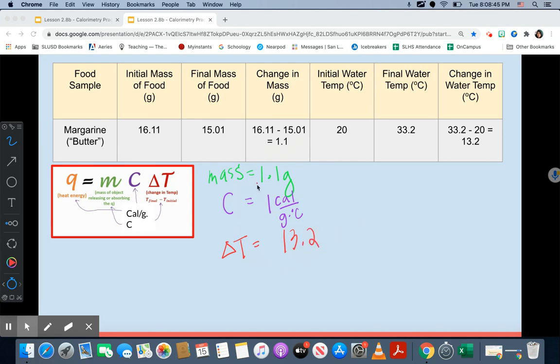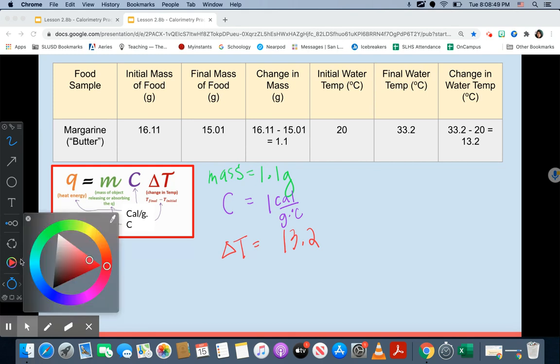So at this point, when I have all these numbers, I can plug everything into my equation and solve. So it's going to be 1.1 times 1, our C, times our change in temperature, 13.2.